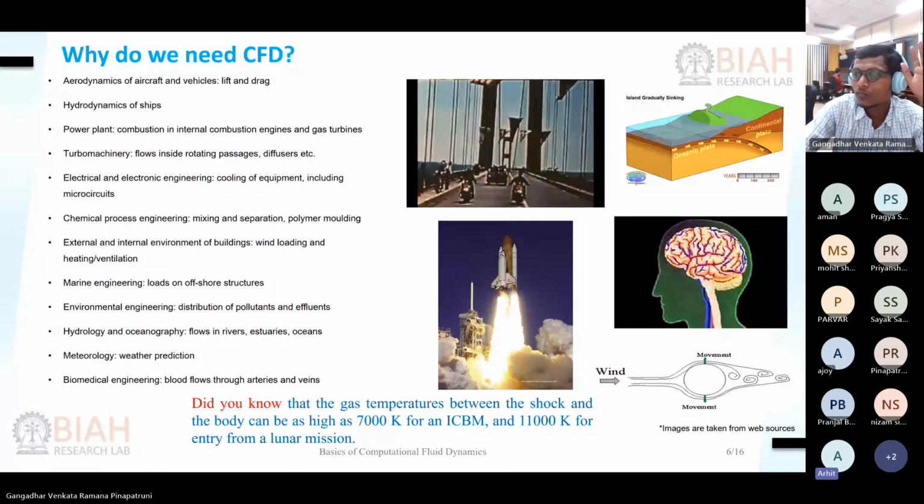Sir, I have a question. Yes. For example, we are simulating any 3D flow, like a flow over an airfoil or a flow over a Formula One car. The model has some values in the z-axis also because it is 3D. Sir, can you just show your last slide?